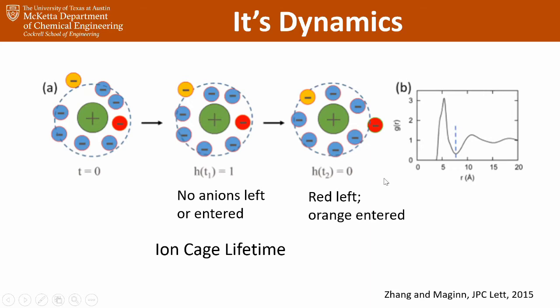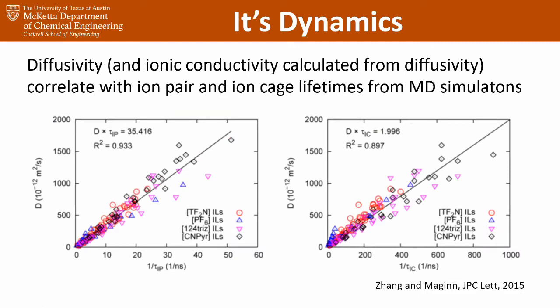So you can define these ion cage or ion pair lifetimes. And they actually showed that diffusivity, or ionic conductivity calculated from diffusivity, actually correlates nicely with these ion pair and ion cage lifetimes that they got from molecular dynamics simulations.